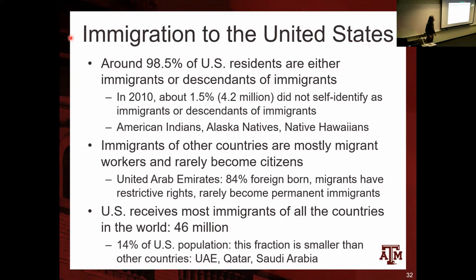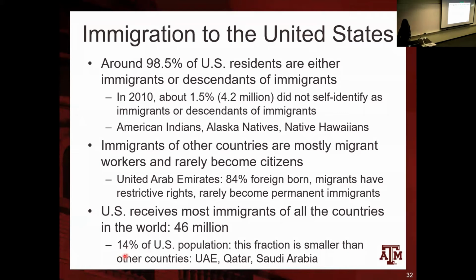The US receives the most immigrants of all the countries in the world, around 46 million. 14% of the US population is composed of immigrants, the foreign-born population.